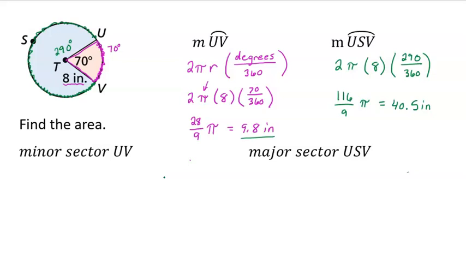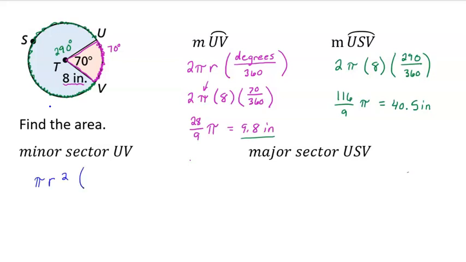All right, now let's think about area. So area is going to be that same idea of taking the portion of what the entire area would be for the circle. So for the minor sector UV, that means that we're talking about this section of the circle. And so taking the minor sector, if we're thinking about area, area is pi r squared.